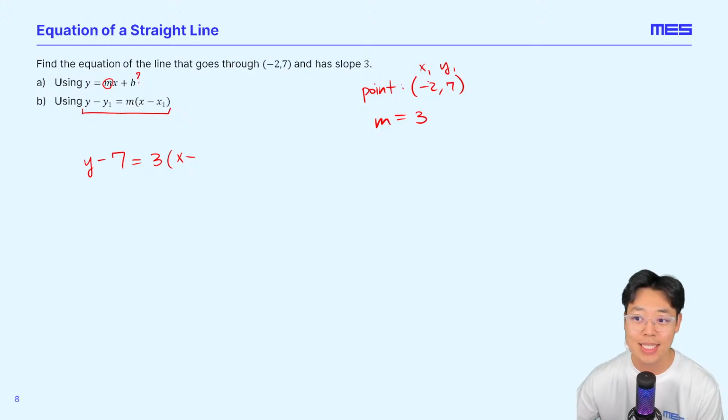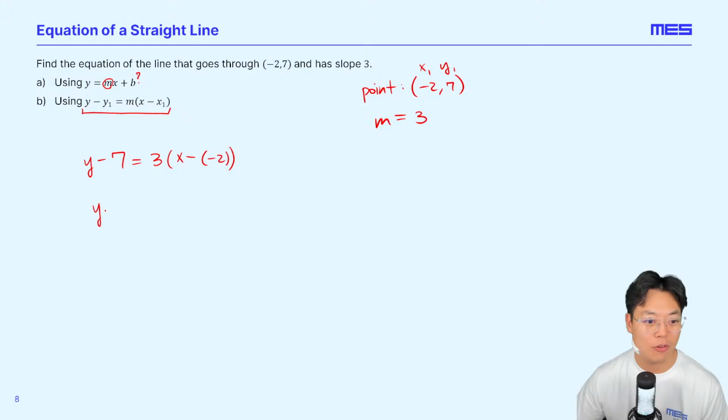X sub 1 is negative 2. And now we solve for y. We have 3x plus 6. Where did the 6 come from? Negative times a negative is positive 2, times the 3 is positive 6. And now we add 7 to both sides. We get 3x plus 13. And that's it. Isn't that crazy?